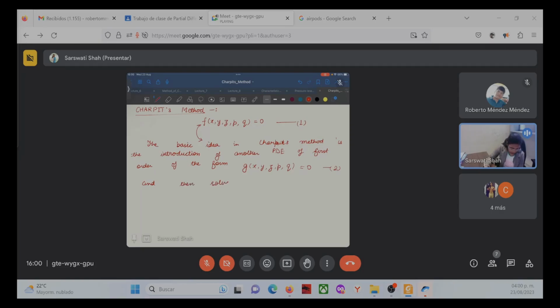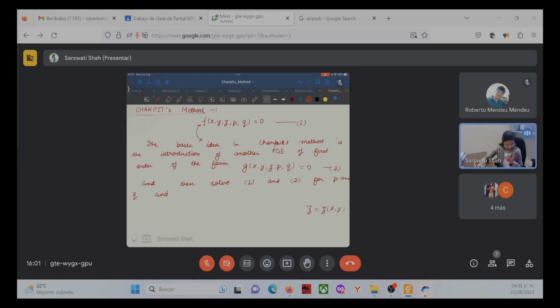then solve first and second for p and q. If we know what p is and what q is for any nonlinear or quasi-linear PDE, then we know that the solution is going to be of this form, is it not?